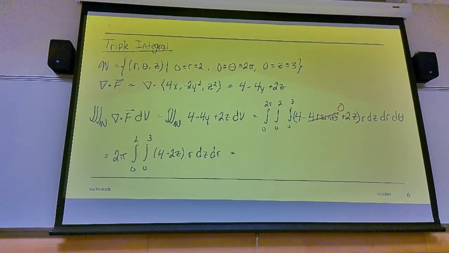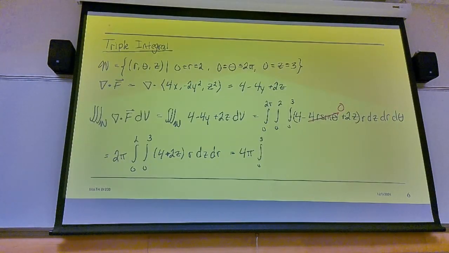It's just 2. Well, then the whole thing becomes 4 pi times the integral from 0 to 3 of 4 plus 2z dz. Yeah, it's just like you wrote.